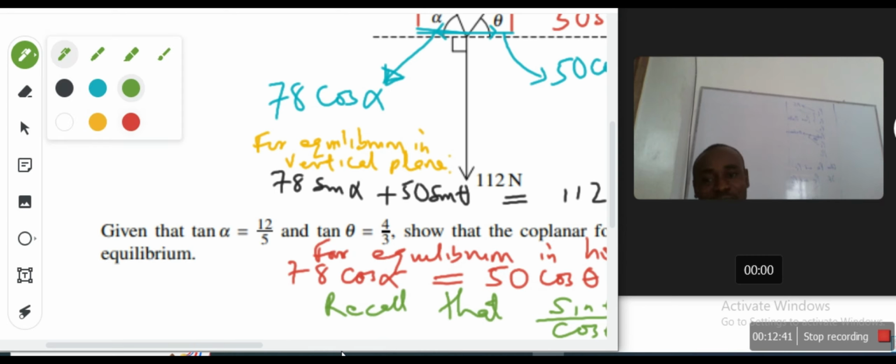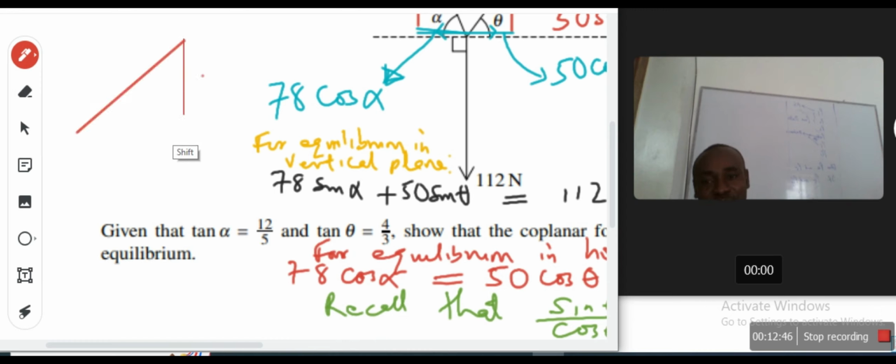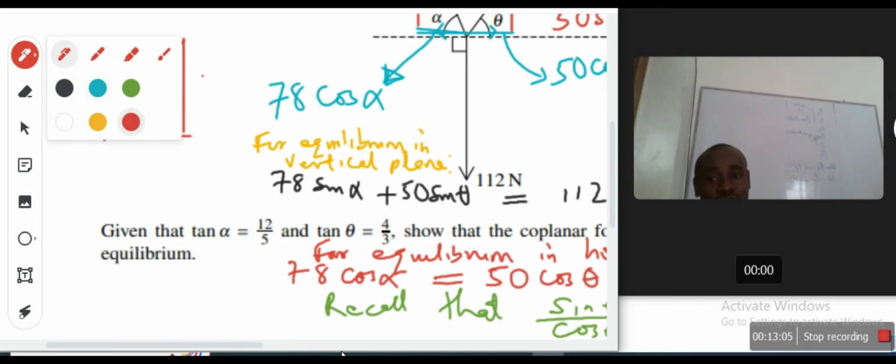Or use trigonometry ratio. Let me put up a diagram to show you what I mean. If this is alpha, are you seeing what I've drawn there? Tan means what over what? The trigonometry ratio tan means what? Opposite over adjacent.